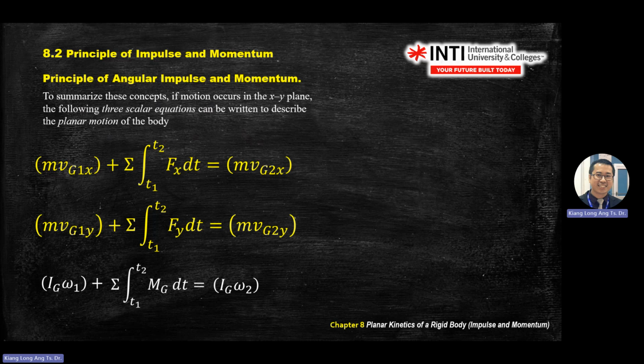This one moves in rotation, the angular dimension. So these three equations let you solve three unknowns. And this one is h1 plus M t, which is angular impulse, equal to h2.